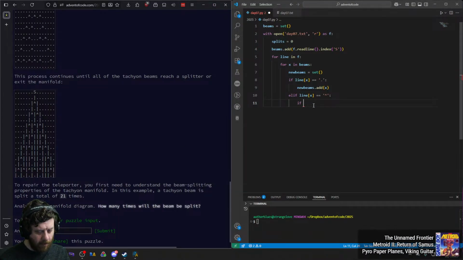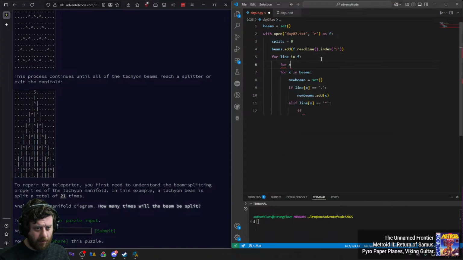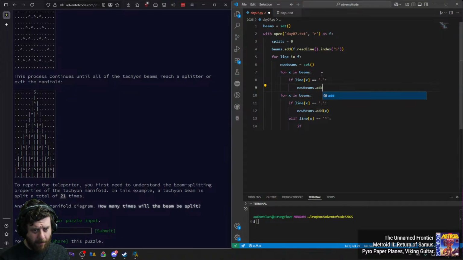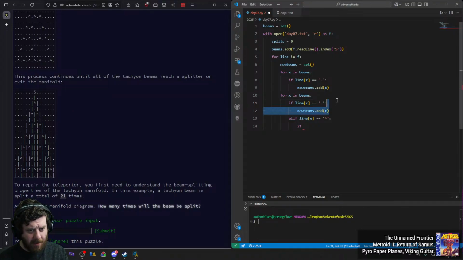That's what I need to figure out. Let's do this. For x in beams, line x is equal to dot, new beams add x. Basically, I'll be able to swap these if I have my understanding backwards, so it'll be easy to fix.